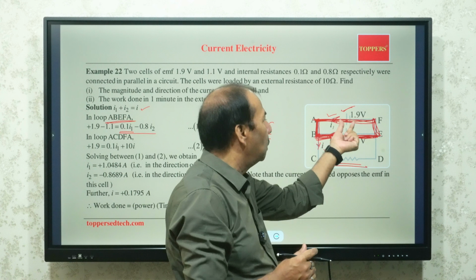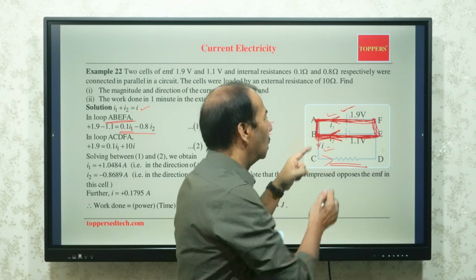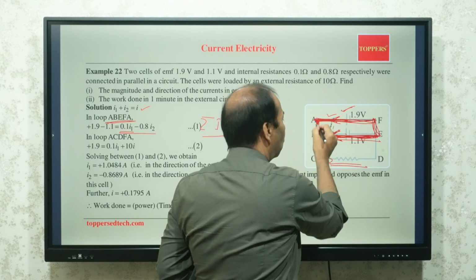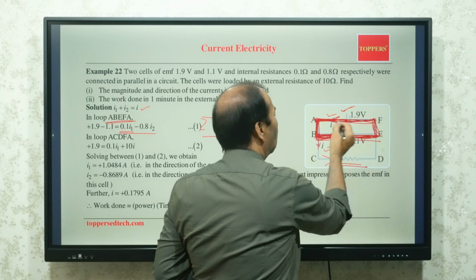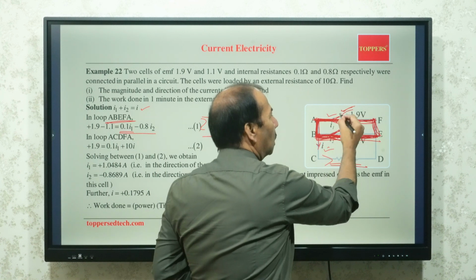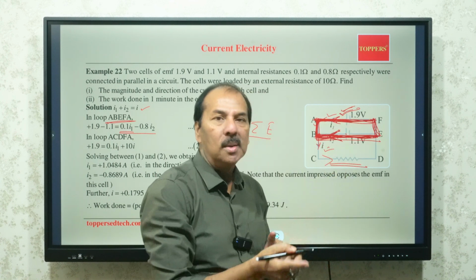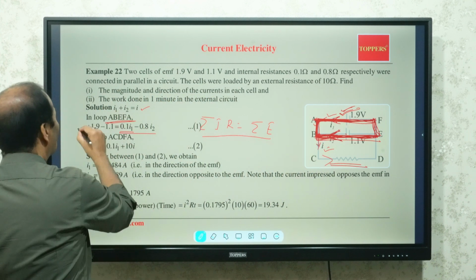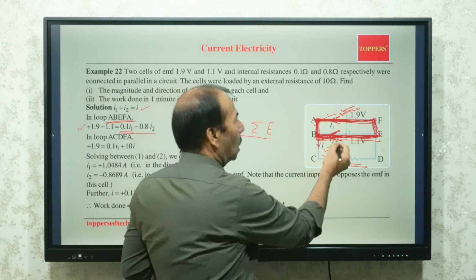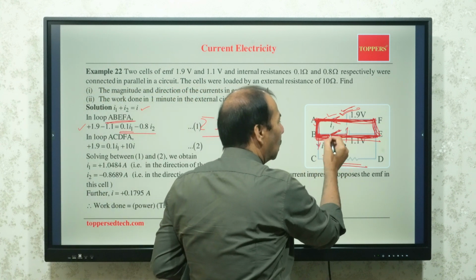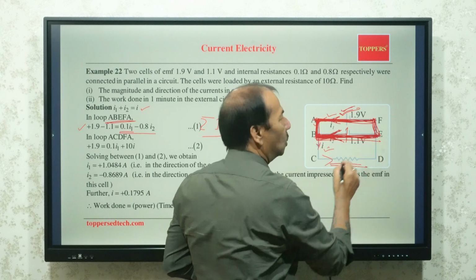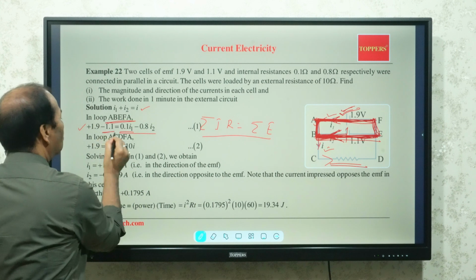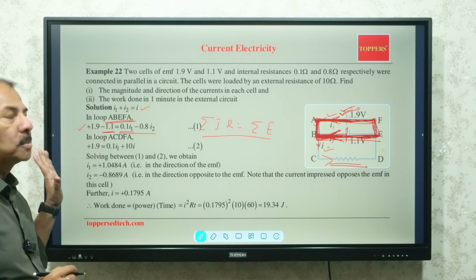So this cell has the tendency to release current in this direction, and we are also moving in this loop from A to B, B to E, E to F, and F to A. The tendency and the movement are in the same direction, so it will be taken with the positive sign: plus 1.9. But this cell has the tendency to release current this side, while we are moving from B to E, in the opposite direction. So minus 1.1. So 1.9 minus 1.1.